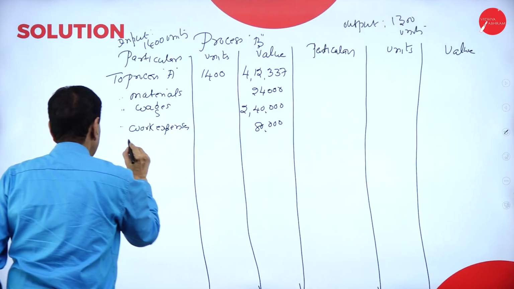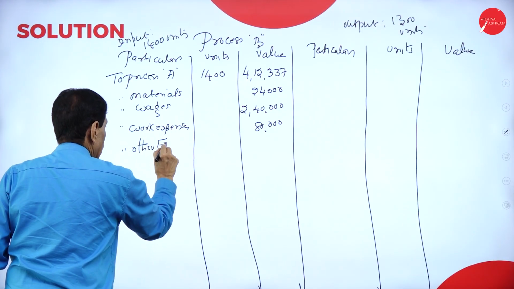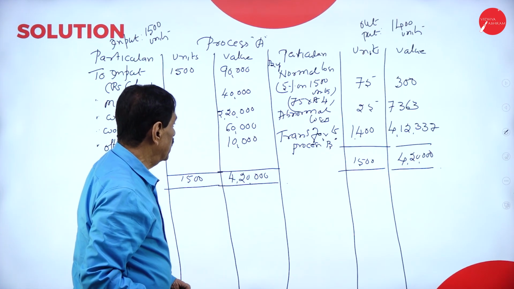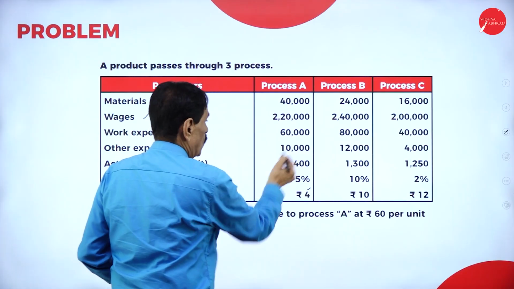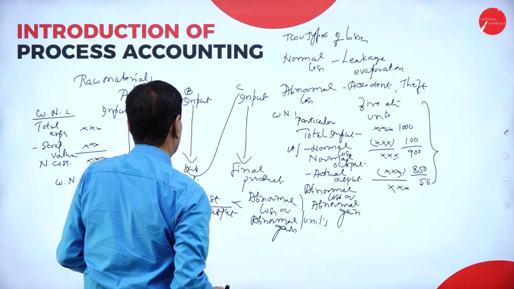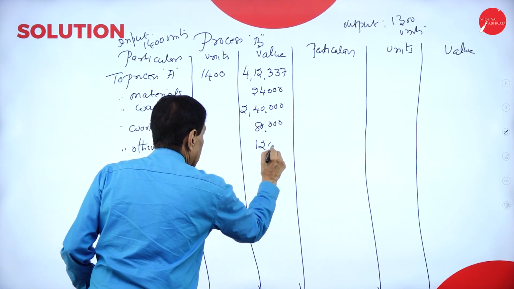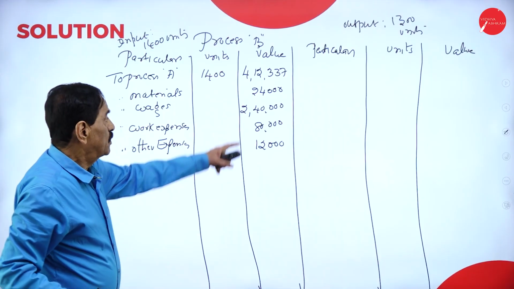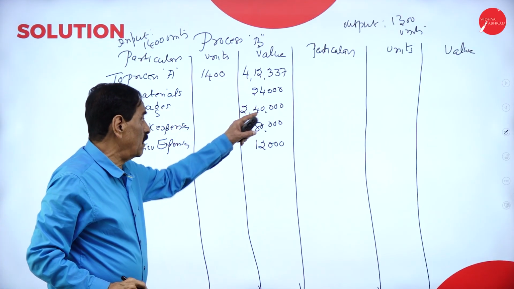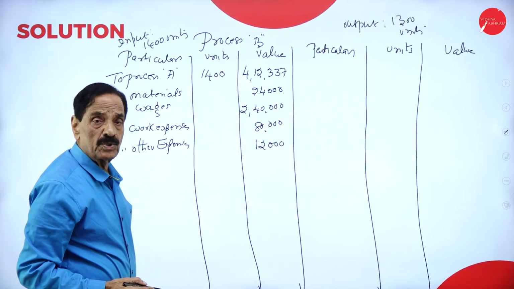Other expenses, 12,000. And all the expenditure, so this is a transfer entry. Material cost 24,000, wages cost 2,40,000, work expense 80,000, other expenses 12,000.